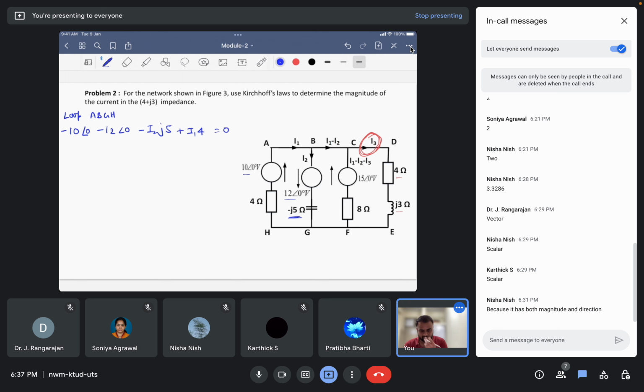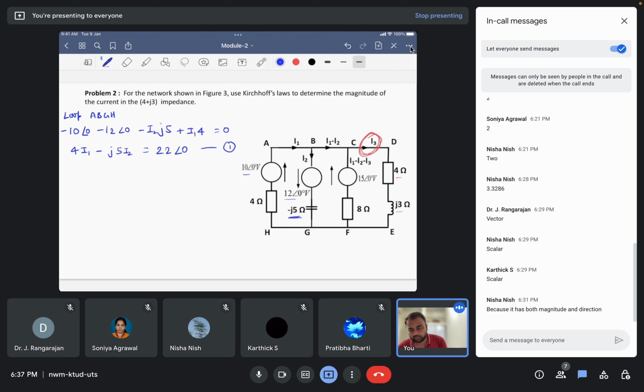So just simplify the equation. This will become 4I1 minus J5 I2 is equal to, taking the known values to the right side, 10 plus 12, that is 22, angle 0. Here the angles are the same, that is why we can add them directly. So this is our equation 1.